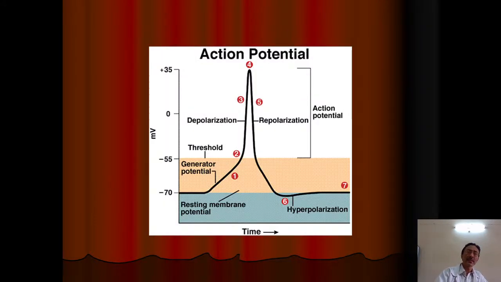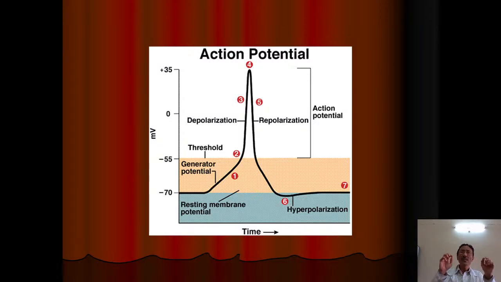So, what happens whenever excitability occurs? Excitability means the ability of the membrane to respond to a change in the environment. Any factor which causes a change in the external environment is called a stimulus. Suppose you are giving a pinprick, or touching a hot object, or giving an electrical change.